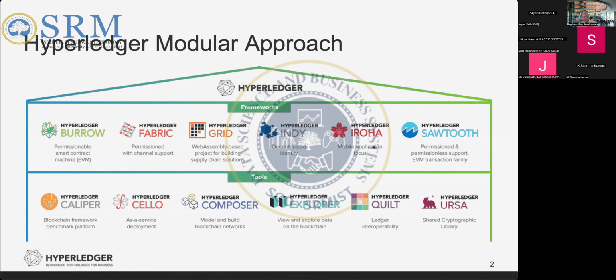And you have Hyperledger Iroha, I don't know how it is pronounced. This is mainly for interacting with mobile applications. Let's say you want to develop a blockchain which can run partially, not the whole blockchain, but with light clients that can operate on mobile applications.